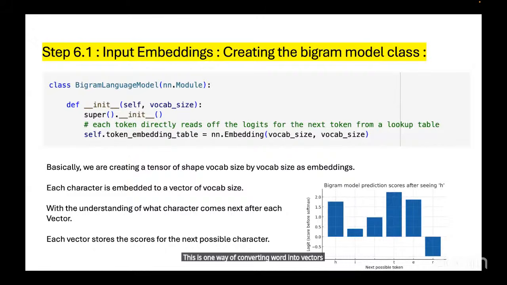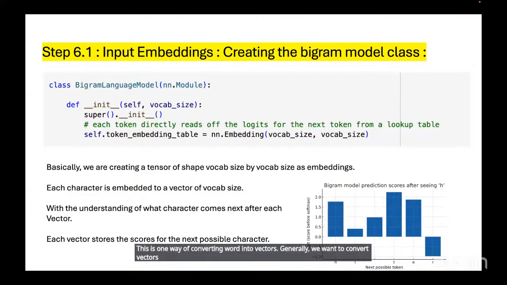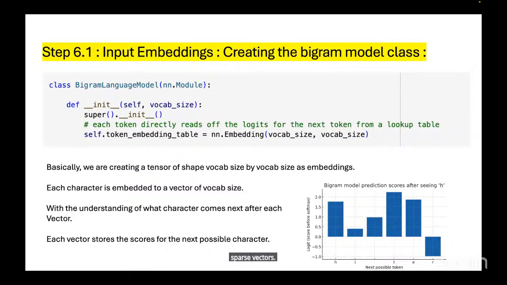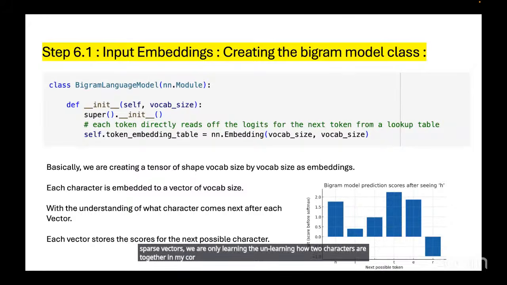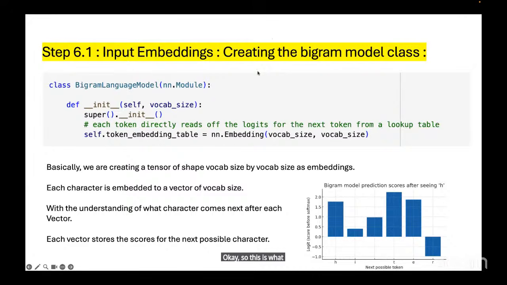Generally, we want to convert into dense vectors. This is a sparse way of converting vectors. We are only learning how two characters are together in my corpus, how many times they come together, and what is the probability that one character will come after the others have already occurred. So this is what we are using as embeddings.